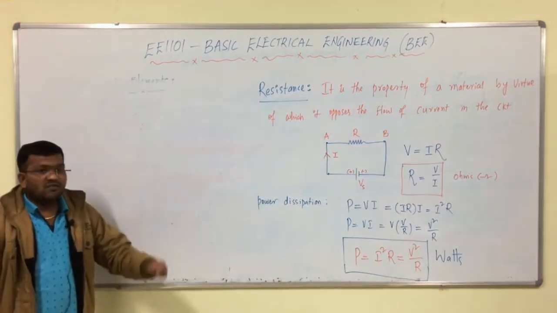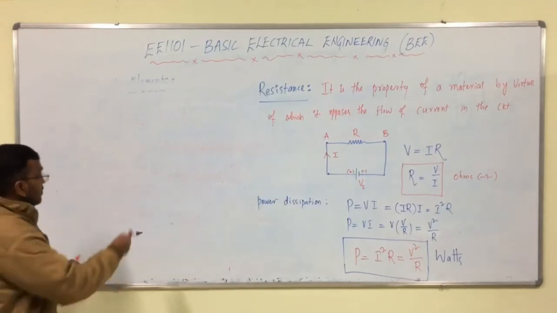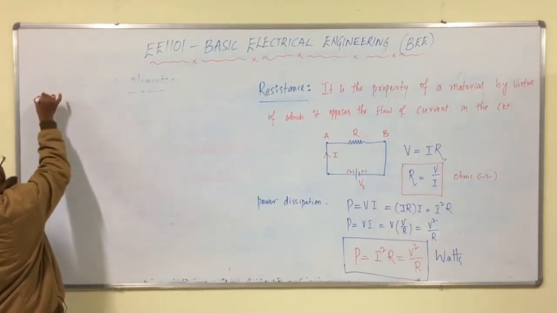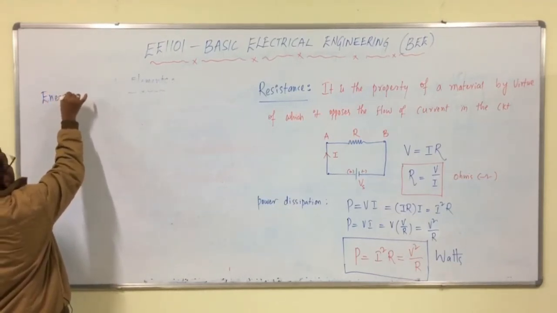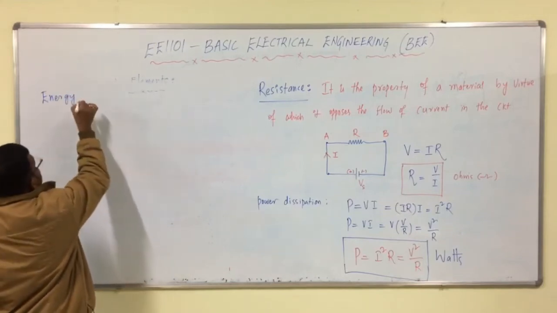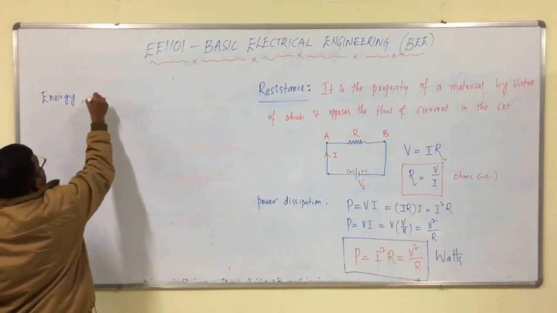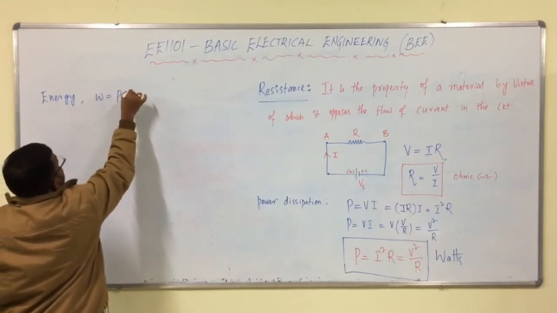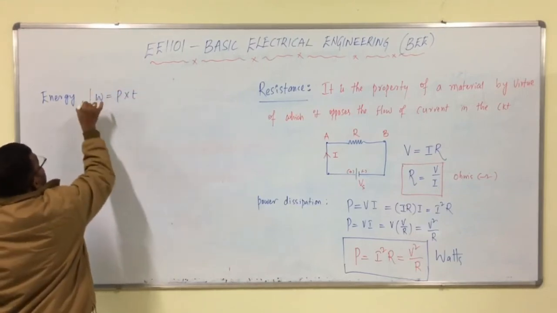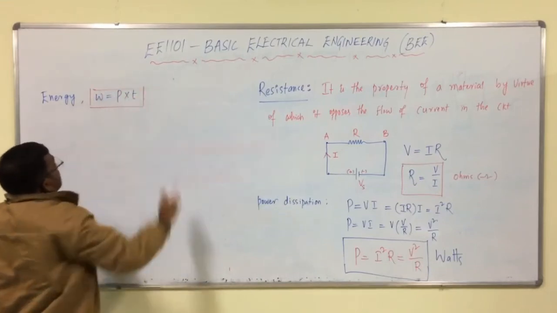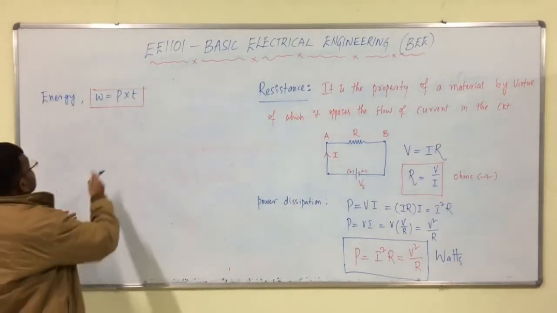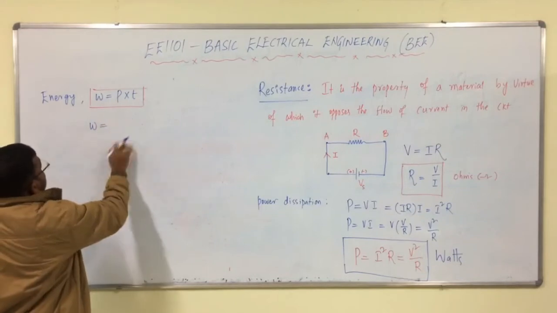Then the formula for energy. Energy in the resistor, that is P into T, no? So, energy is what?